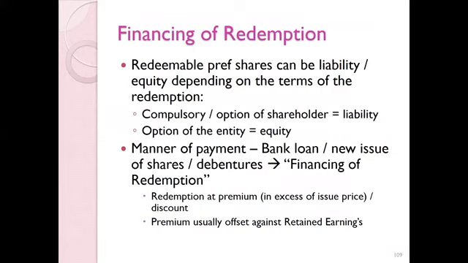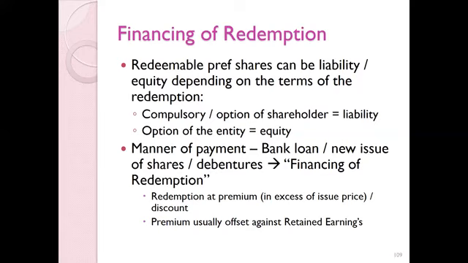We're now going to look at the financing of redemption. So very often you might get to 2 or 3 years' time, and now you perhaps need to redeem these compulsory redeemable preference shares. And we need to say, well, how are we going to come up with the money for this? So redeemable preference shares can be a liability or equity like we had spoken about previously, depending on the terms and conditions associated with redemption of those shares.